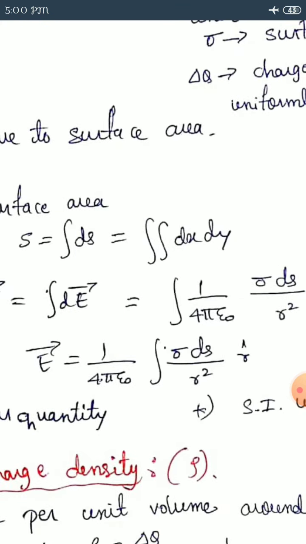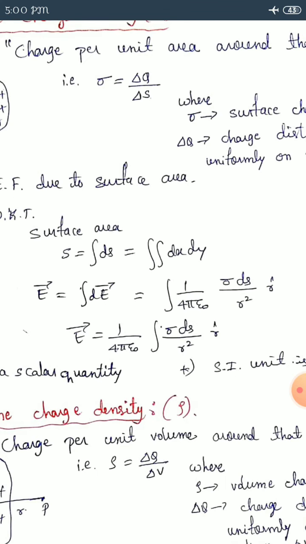Integration and differentiation are briefly studied in first PUC already, and in second PUC, this year in mathematics, we will study differentiation and integration in detail. So S is equal to the integral of ds, which equals the double integral of dx into dy. dx and dy represent the two-dimensional fact, as I said: area is length into breadth.